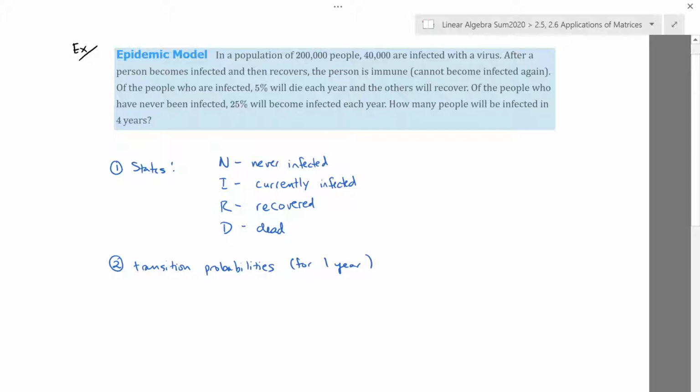Okay, so we're going to have 4 different states for this population: the people who've never been infected, the people who are currently infected, the people who have recovered after being infected, and then the people who have died from the virus.